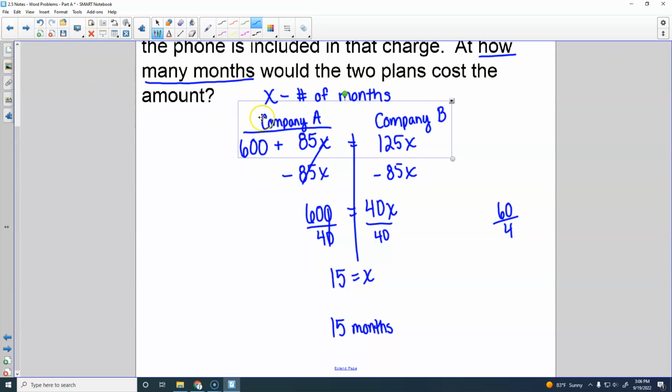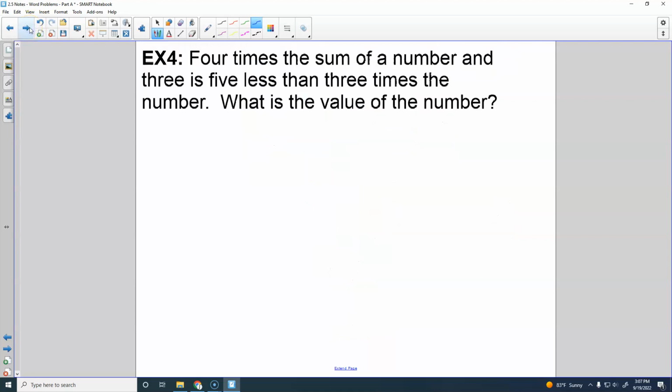So if you want to keep the phone for 2 years, A would be cheaper, right? Assuming that B is going to charge you that price for the whole time. As long as you got $600 to pay for the phone at the beginning. If you don't have $600 saved up, you are not going to be able to do company A, right? Because they are making you buy the phone outright at the beginning. All right.